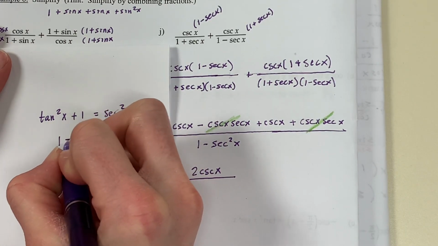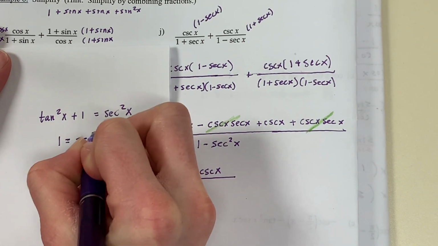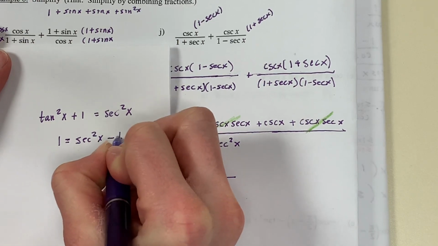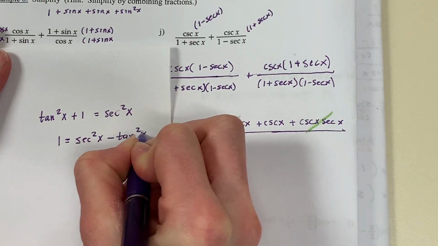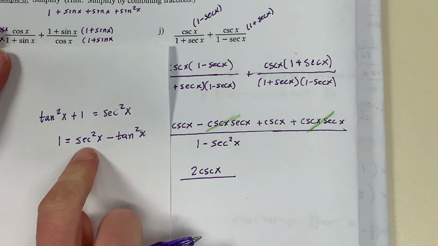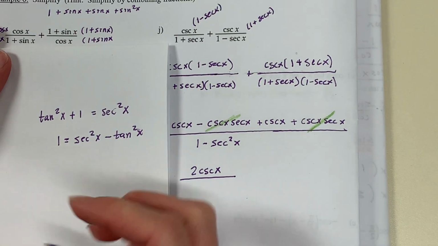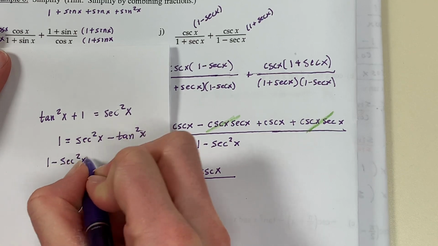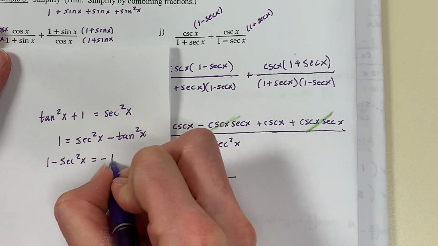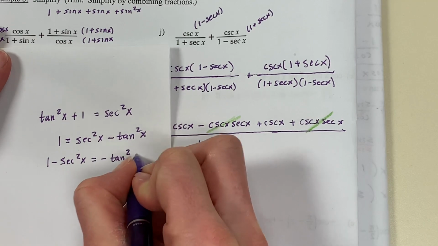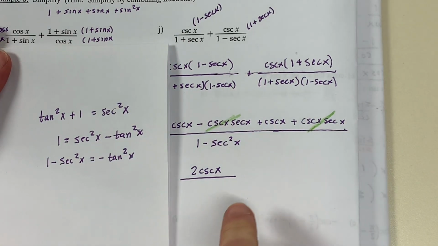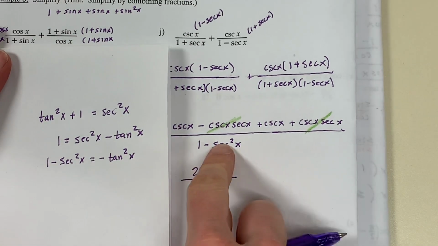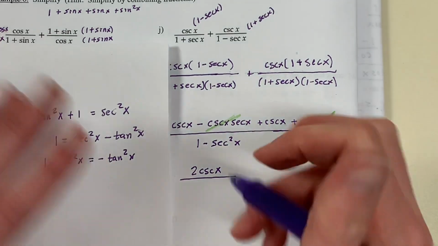So I have 1 is equal to secant squared x minus tangent squared x. And then I can subtract secant squared x from both sides. So I have 1 minus secant squared x is equal to negative tangent squared x. So I can replace 1 minus secant squared x with negative tangent squared x.